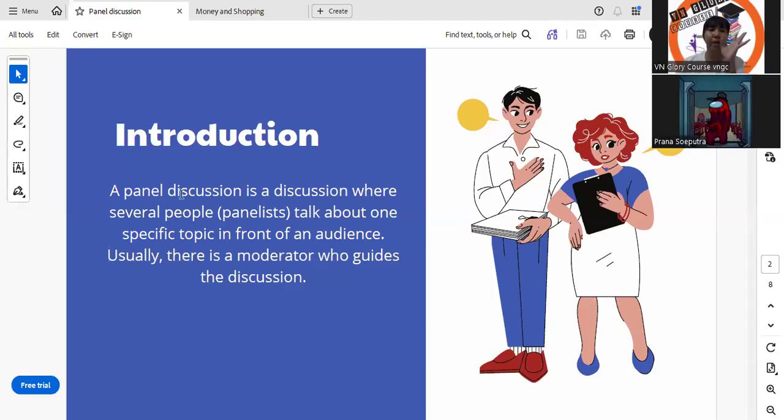A panel discussion is a discussion where several people, we call them panelists, talk about one specific topic in front of an audience, and usually there is a moderator who guides the discussion.